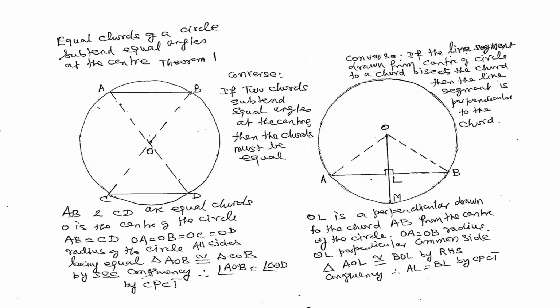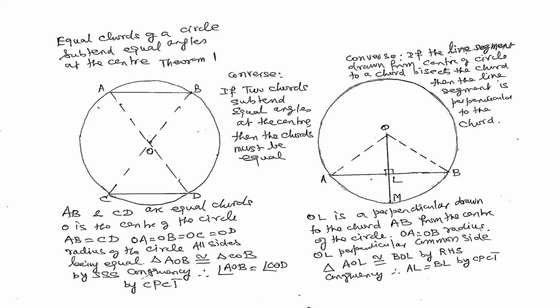In the next slide, we see two theorems. On the left side, theorem 1: equal chords of a circle subtend equal angles at the center. AB and CD are equal chords. O is the center of the circle. AB is equal to CD, that is equal chords. OA is equal to OB is equal to OC is equal to OD, the radius of the circle.